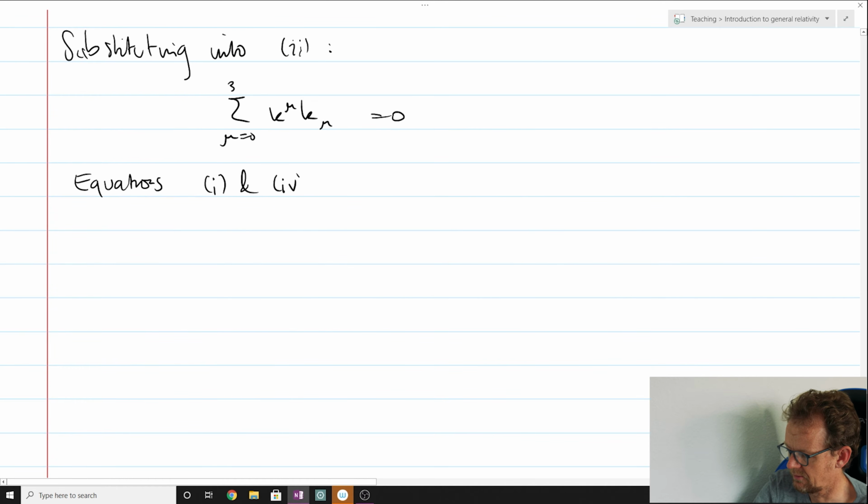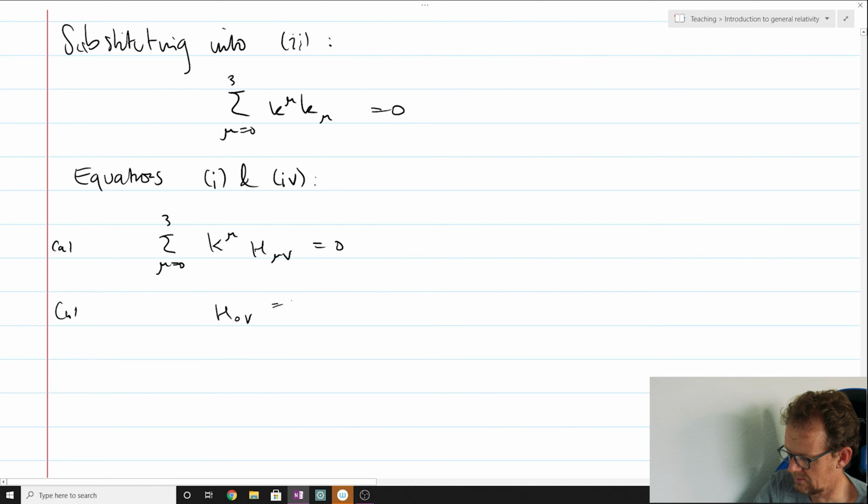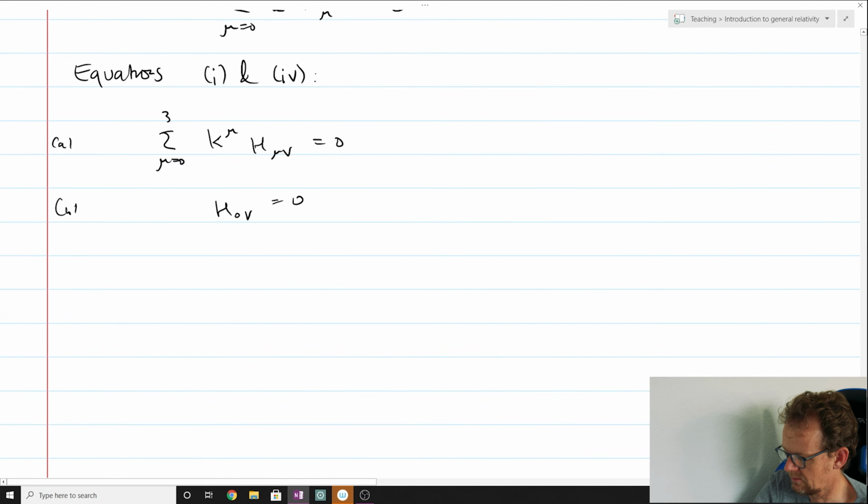And equations 1 and 4 require the following conditions to be solved. So equation 1 brings down one factor of k, equation 4 forces h naught nu to be 0, and also the trace condition requires that h mu mu is 0.